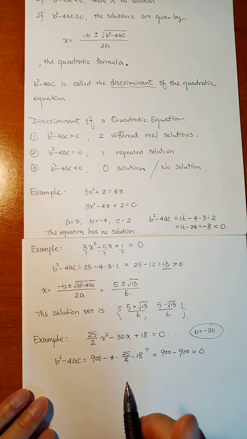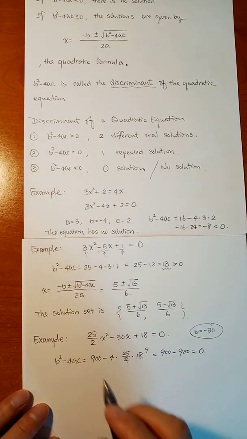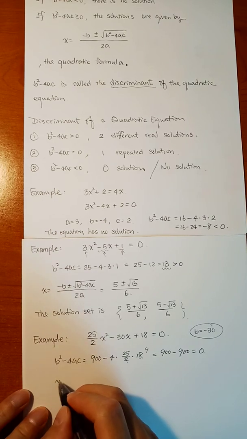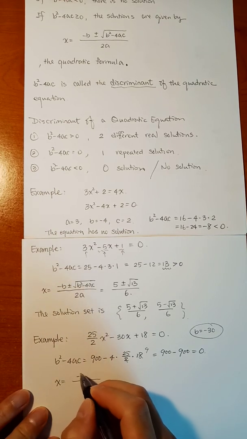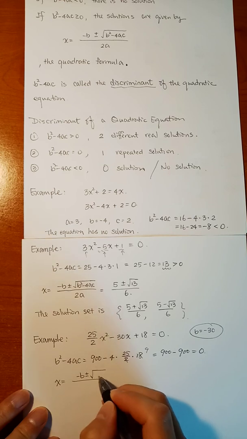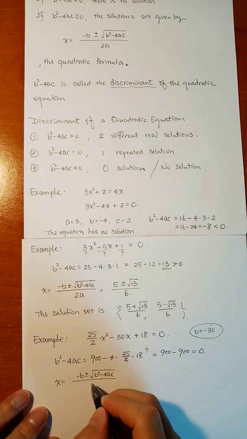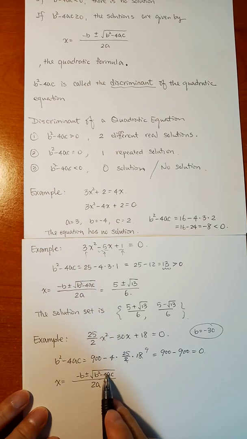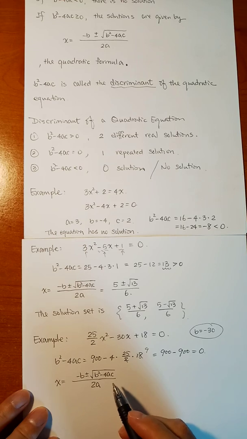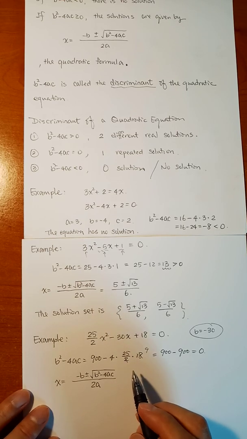Then we know there is a double root. You are going to plus or minus the square root of 0. Plus the square root of 0 is plus 0, minus the square root of 0 is still minus 0.